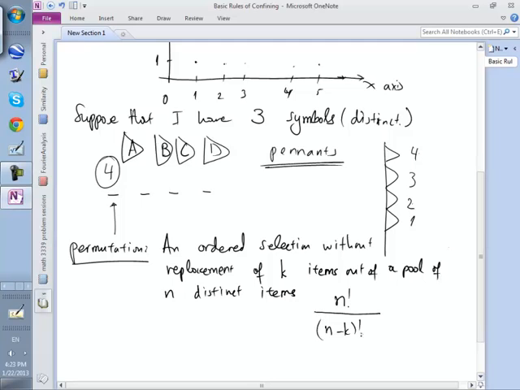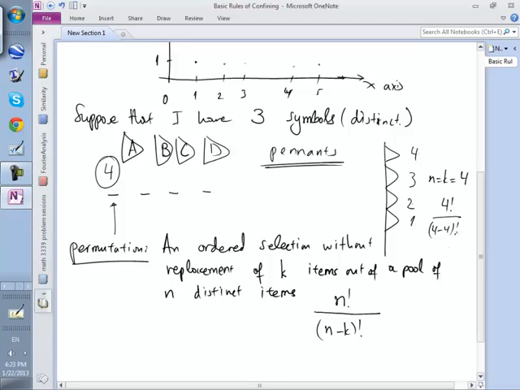Here, I used all the four. So k and n were equal to 4 in my example with the pennants. Therefore, the result was 4 factorial divided by 4 minus 4 factorial.